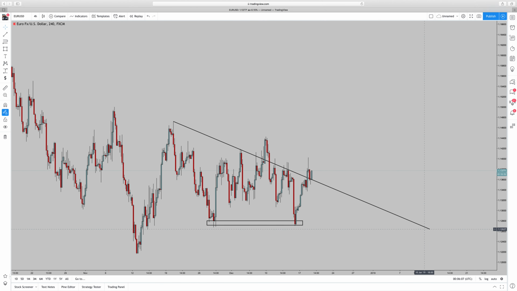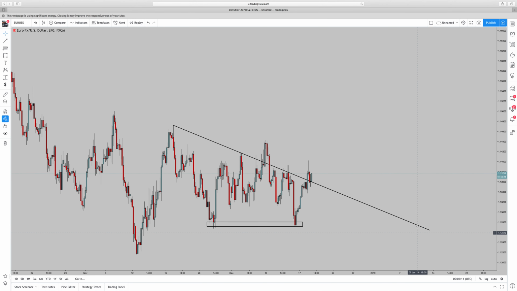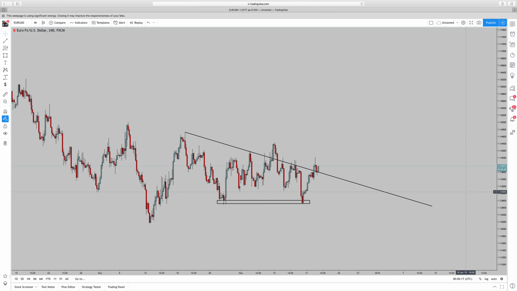Trend lines, that's why trend lines are so important. How you draw them, where you draw them is very, very important. And it's similar to the bottom as well.